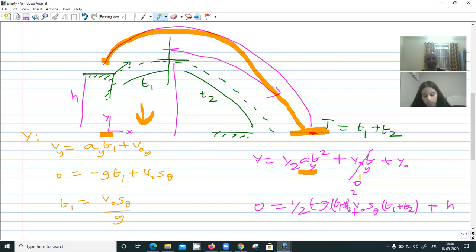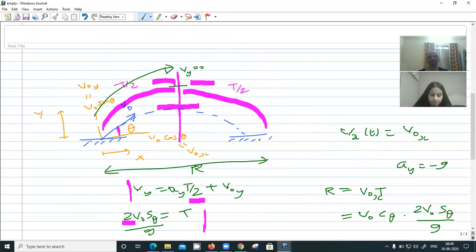The initial y component velocity is v naught sine theta, times time, plus y naught is h, this initial height. From this I can find the time of flight T, which is t1 plus t2. It's called the time of flight, the time for which it's flying in the air.